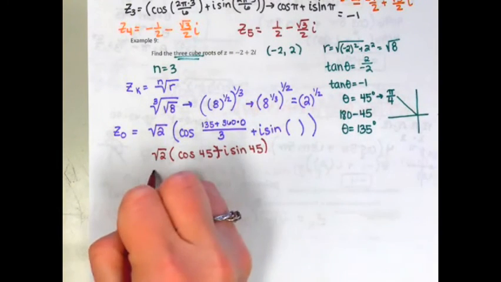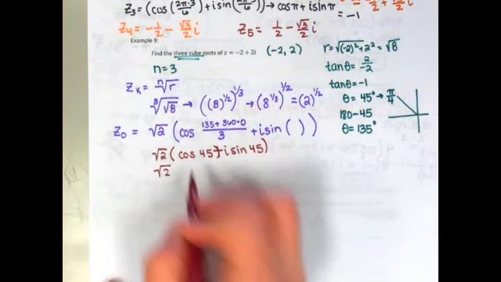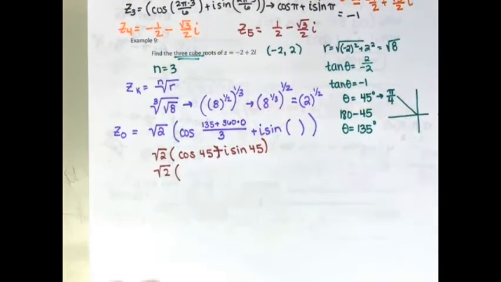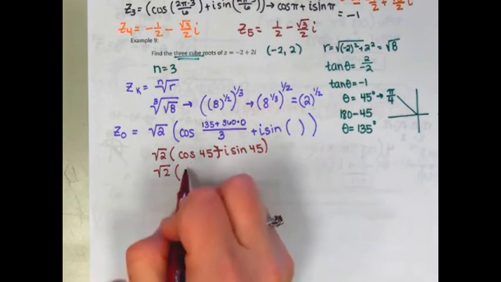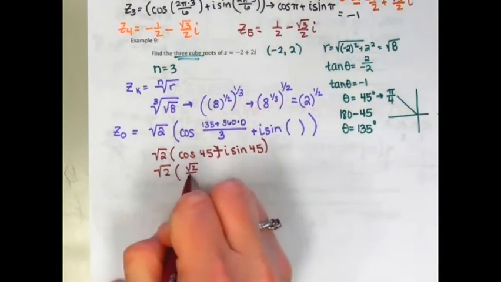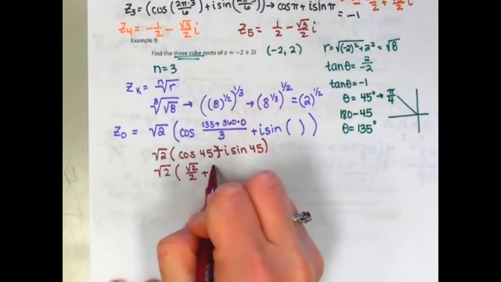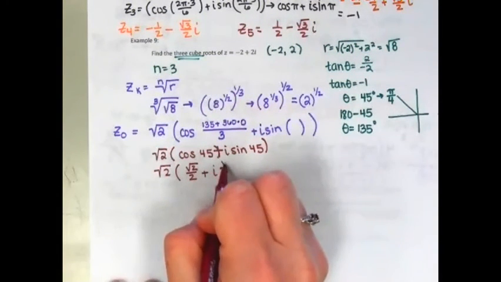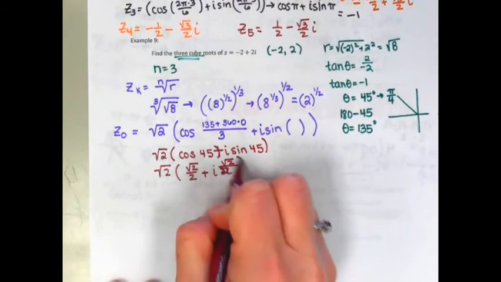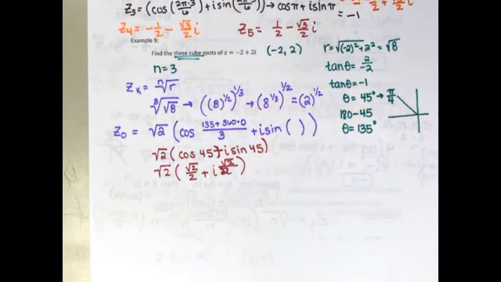Hey, you guys can do that, can't you? What's the cosine of 45? Radical 2 over 2, plus I radical 2 over 2. Because if it's 45, isn't my sine and cosine the exact same?